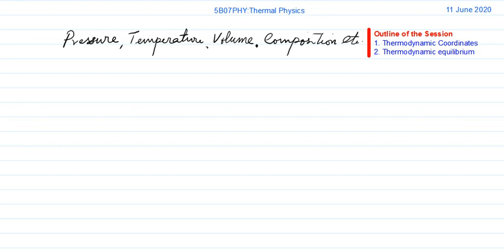Hence, if we know the thermodynamic coordinates like pressure, volume, temperature, etc., you will be able to make a complete description of the system. There are many other thermodynamic coordinates that we will come across in the coming sessions. Now, to begin with the thermodynamics of systems, we consider what is known as a simple system.